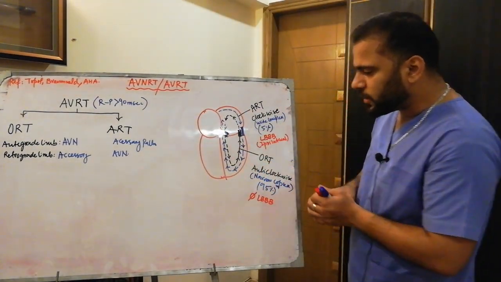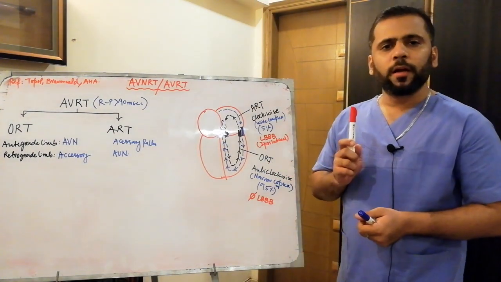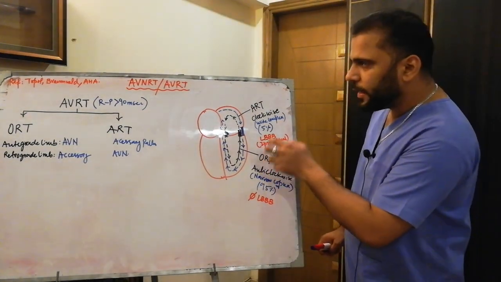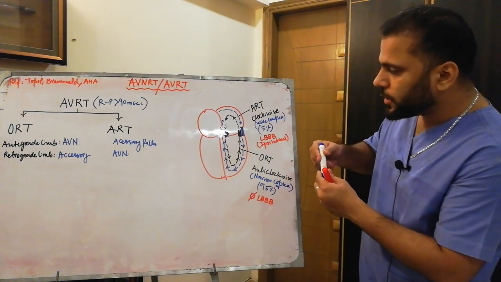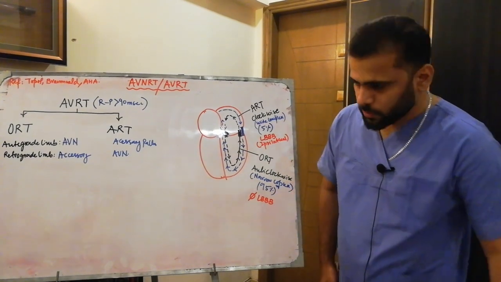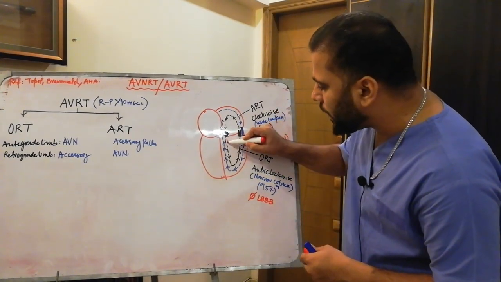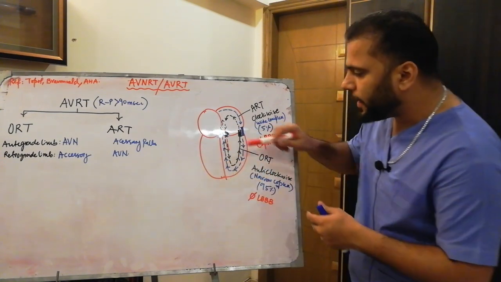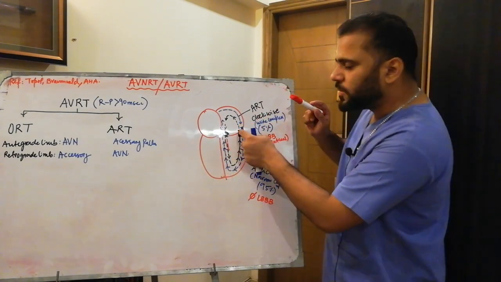ORT, which is actually the most common type of AVRT, is orthodromic tachycardia. In orthodromic AVRT, the pathway is going through the AV node, the antegrade limb is the AV node and the retrograde limb is the accessory pathway.